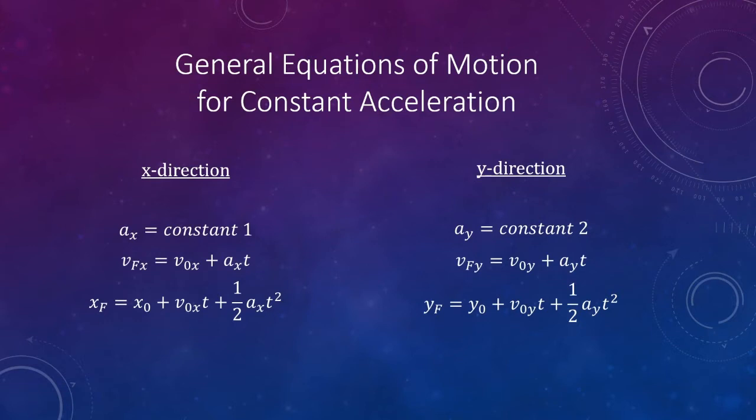So you'll have that set of equations for the x direction and that set of equations for the y direction. You just have different constants in there, different constant accelerations, different initial velocities, and different initial positions. But these equations are always going to hold true for these kinds of motion problems.